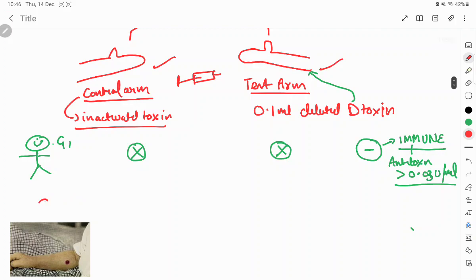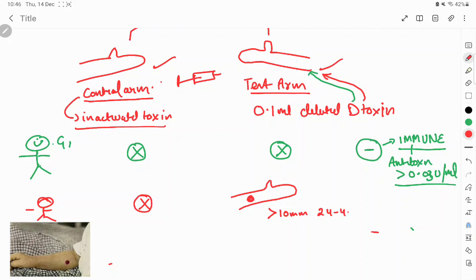Now we have our second guy. When we do the control arm test, there is no reaction. But when we inject the diluted diphtheria toxin in the test arm, a wheal reaction appears. A wheal of more than 10 mm develops in 24 to 48 hours, but this reaction peaks by the 4th to 7th day. This is important.